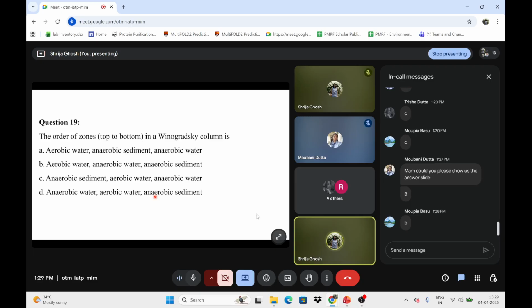If a pond is there in the outside atmosphere, what should be the topmost layer? Should it be anaerobic or aerobic? Then what should be the next layer? Think of it like that. All of you write your answers in the chat box. Only two people know the answer.